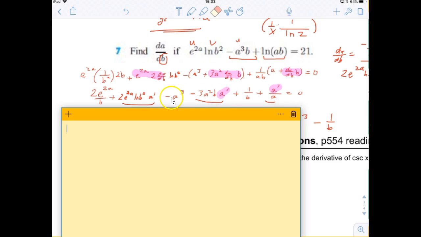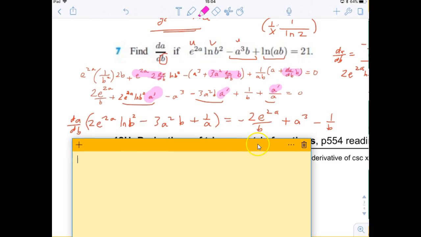Then I'm going to take all the pink ones, which have da/db in them, and leave them on the left. Everything else I'm going to move to the right. I end up with this. And then I factor out the da/db from these three expressions. So I'm left with 2 e to the 2a natural log of b squared minus 3a squared b plus 1 over a times da/db.